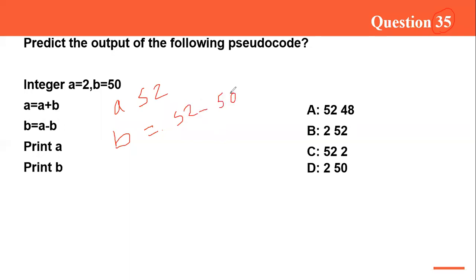You have to take the updated value. That is the only thing you have to be cautious about. So B value will become 2. The last updated B value is 2 and the last updated A value is 52. So the answer is 52, 2. Don't get confused with 2, 52. The answer is 52, 2 because we are printing A first, then B. Be cautious.